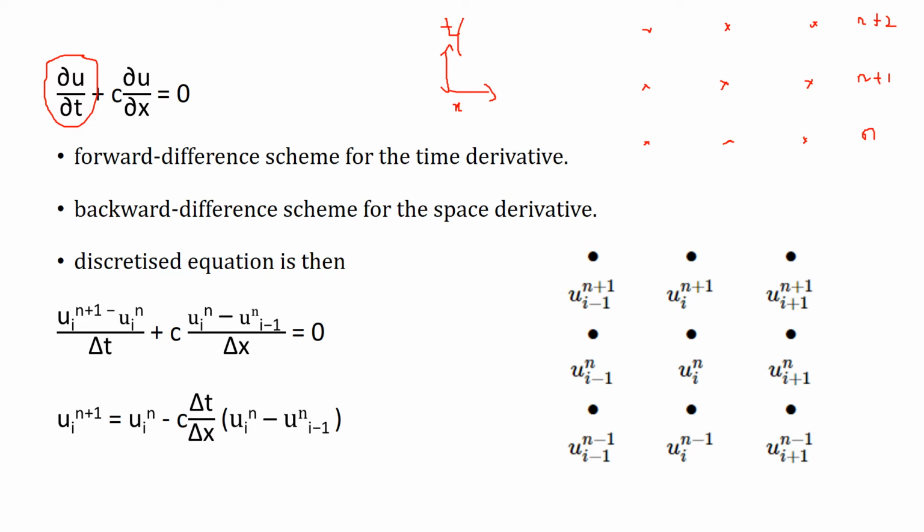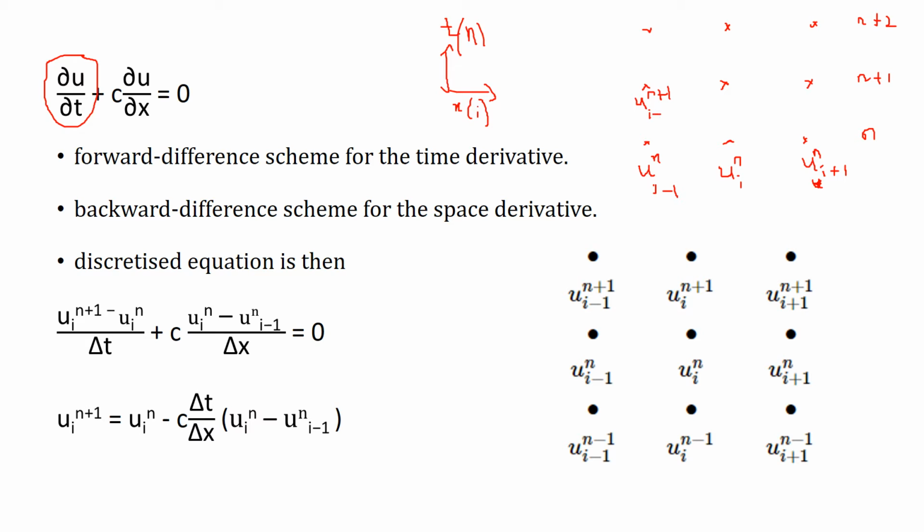So time marches in the y direction, so this is time, and this is space, that is x, and the index for time is the n superscript, so this is n here and this is I. Since we have u as the variable here, we will take this point as u, time step n, and space location I. This is the previous point, so at time step n, I minus 1, and this is the forward point, so at time step n, u at, sorry, I plus 1.